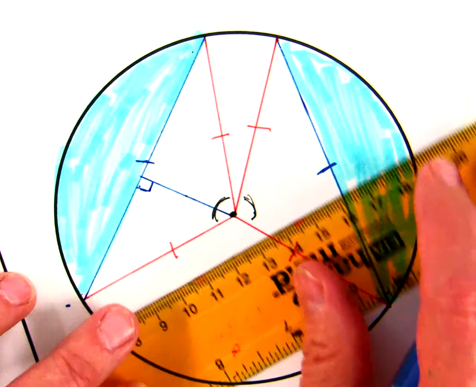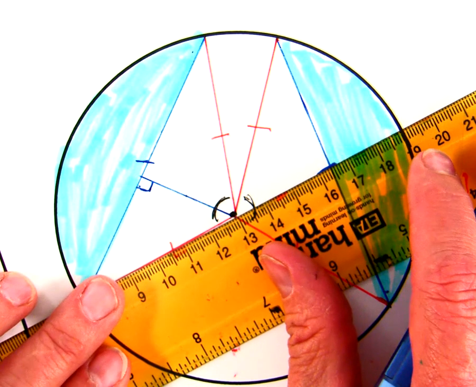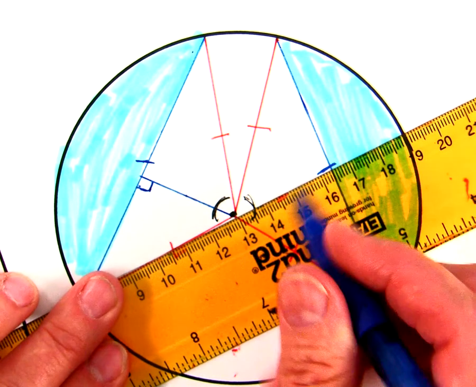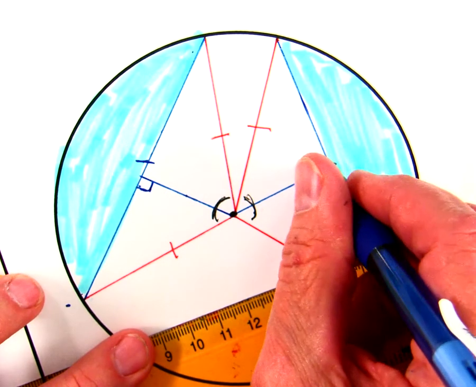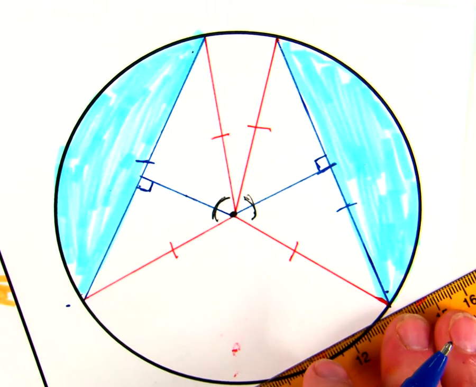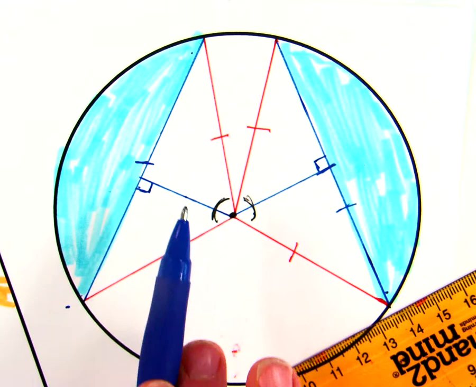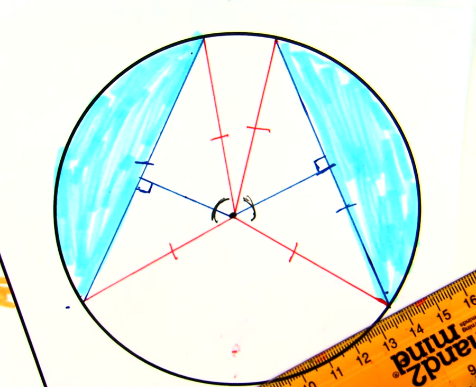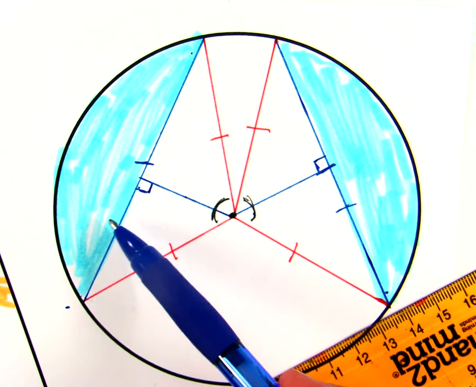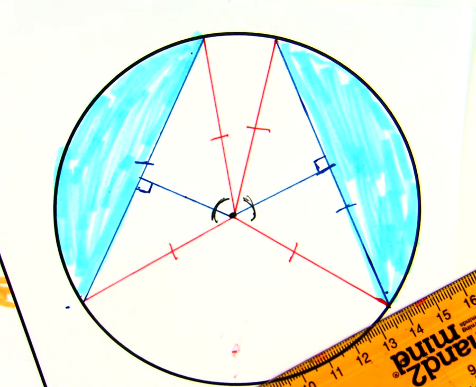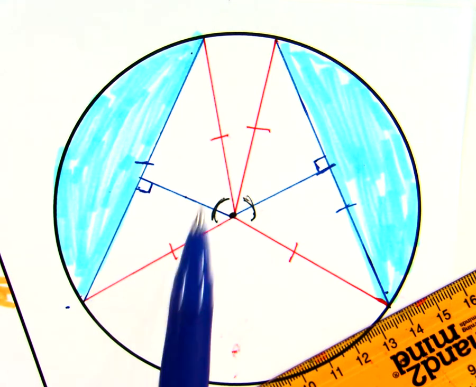I'm going to do the same thing on the right triangle. I'll make a line segment that's the shortest distance to the side. Well, I wonder if that's the same distance as that. So is this chord the same distance from the center as this chord? Well, look at the triangles. I do recall that the left triangle was congruent to the right triangle.